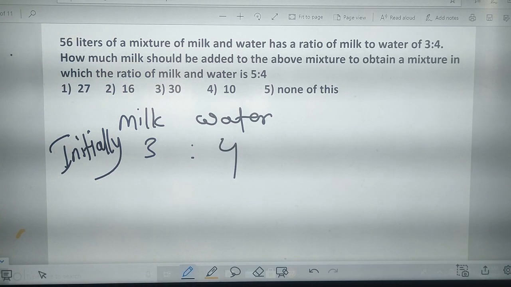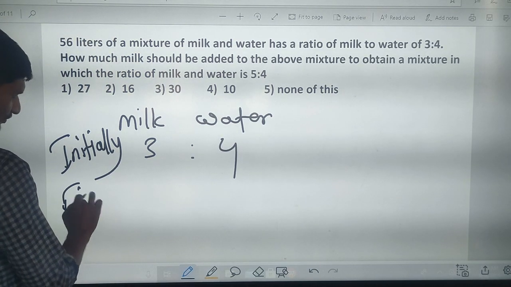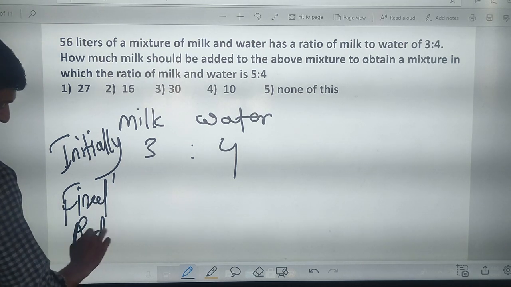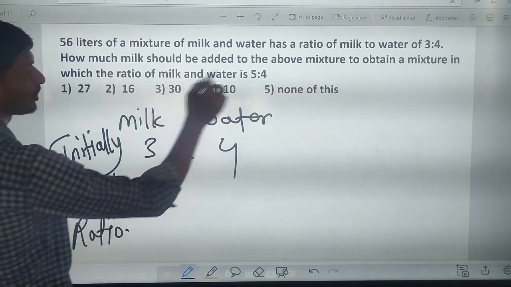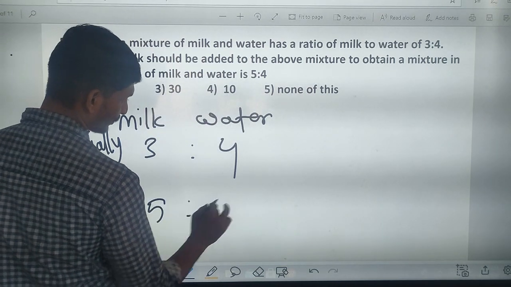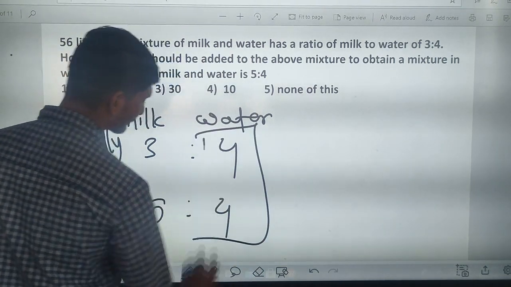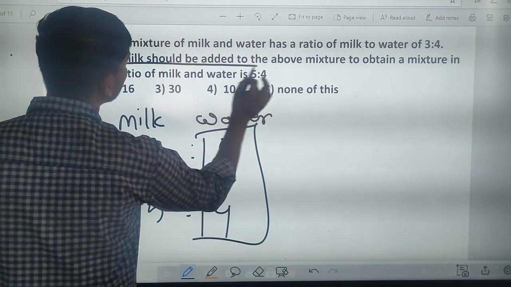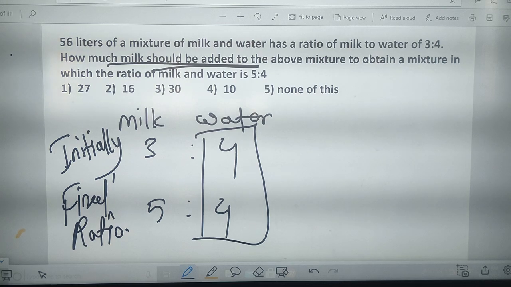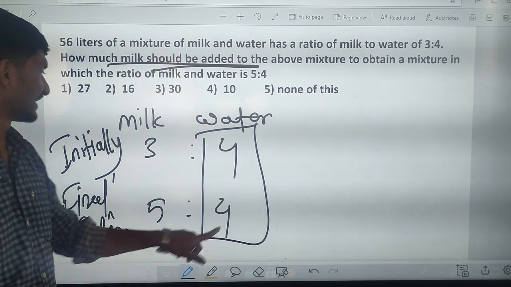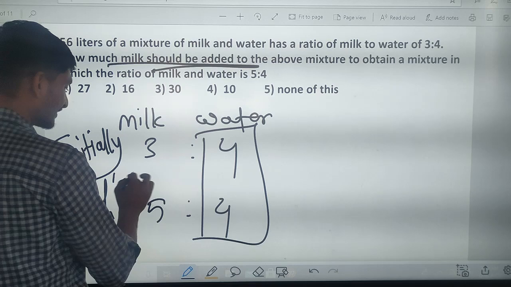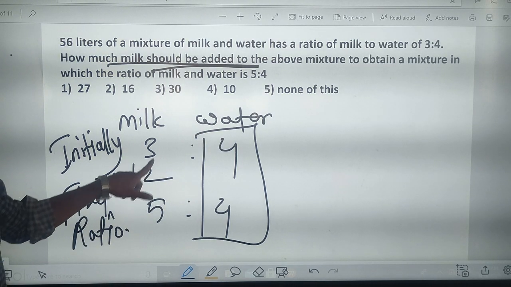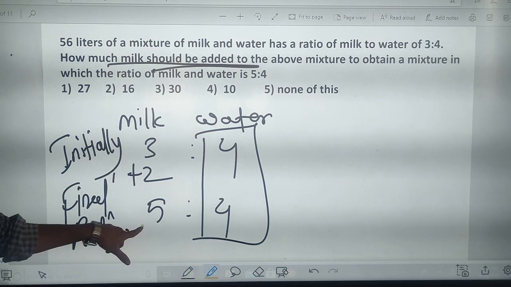Then the final ratio of milk and water is 5:4. Here water is same. Then how much milk should be added? Here the part of milk increased by 2 parts. Here 3 goes to 5.